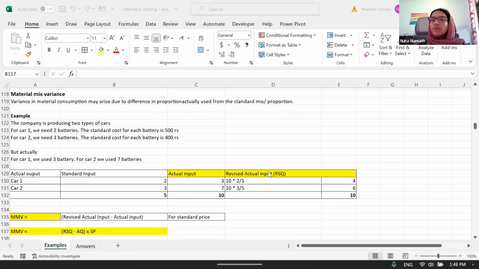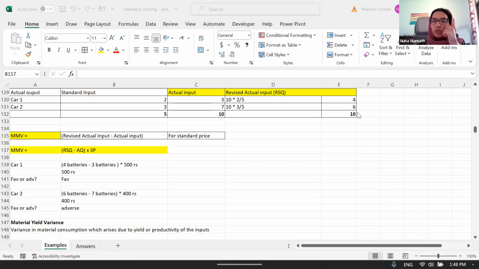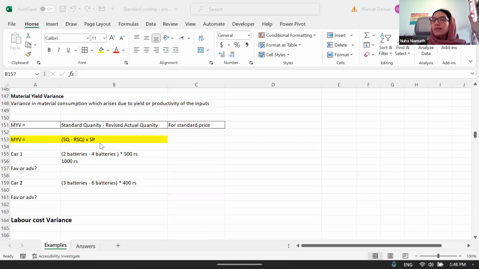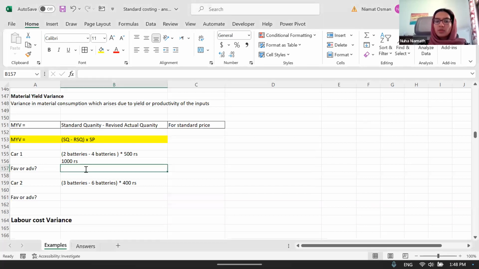Because even though this is your revised input, it is still your actual input. You have actually used the 10, right? So whenever you compare revised actual also, you have to consider it as your actual and then see it as the variance. So what have you actually used? 4 batteries. So that is worse than using 2 batteries, and that is why it becomes an adverse situation. Clear?